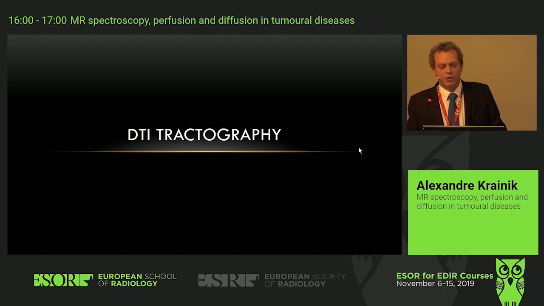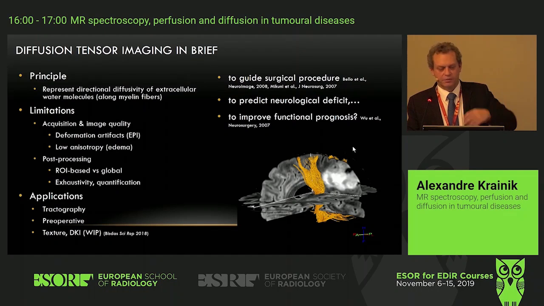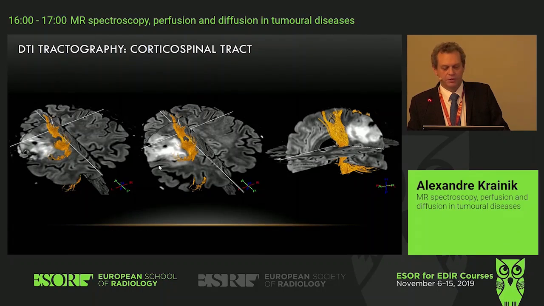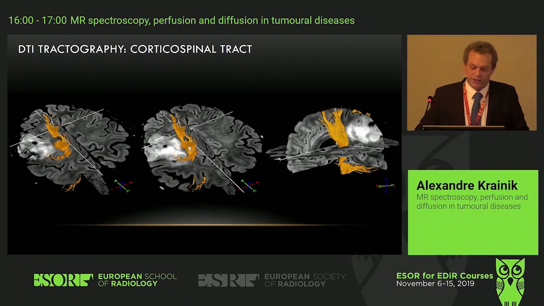Okay, and one word to say that if you keep using this technique, you can also try to evaluate the patient before surgery, try to identify the tract of white matter. Here's the corticospinal tract and its relationship with the tumor. Now the software is embedded on the acquisition and even on any post-treatment station, and you can easily track this kind of tracts.